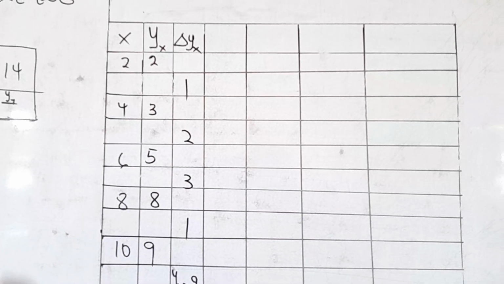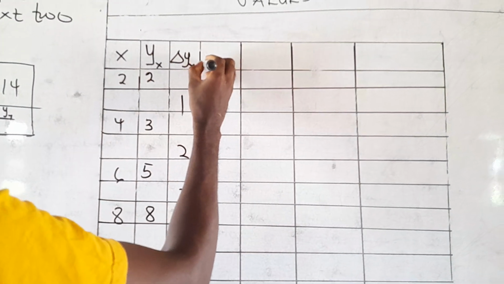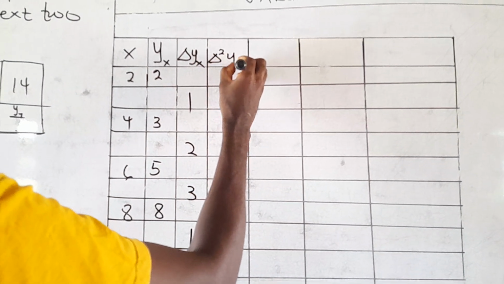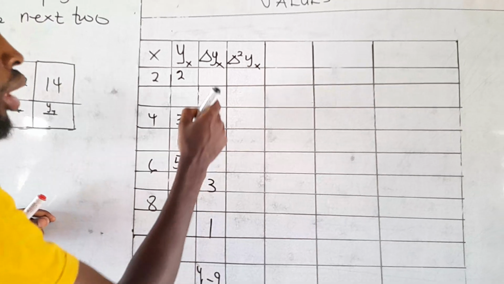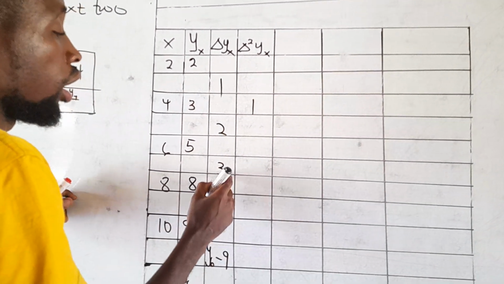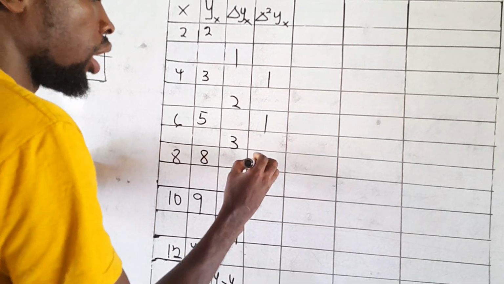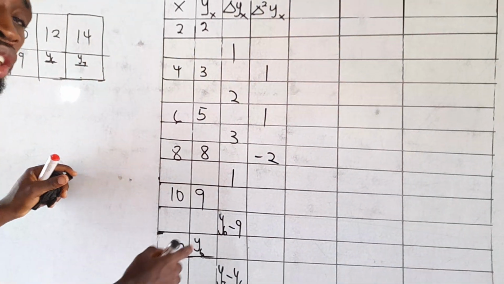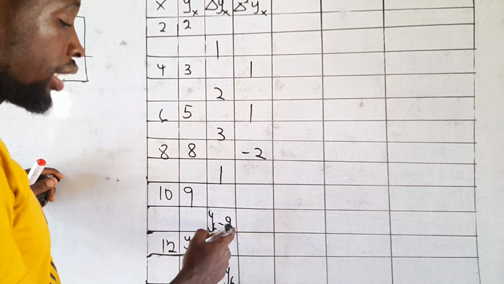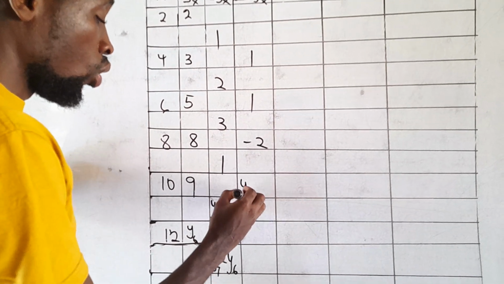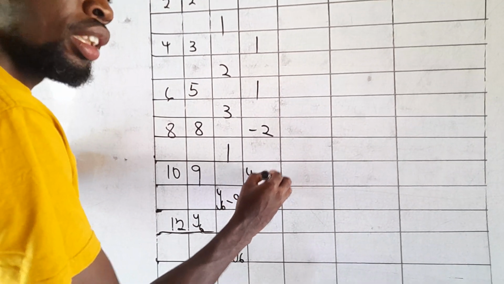So let's find our second difference. That's delta squared of y subscript x. So 2 minus 1 is 1. 3 minus 2, that will be 1. 1 minus 3, that will be negative 2. Then y6 minus 9 minus 1, that will be y6 minus 10.